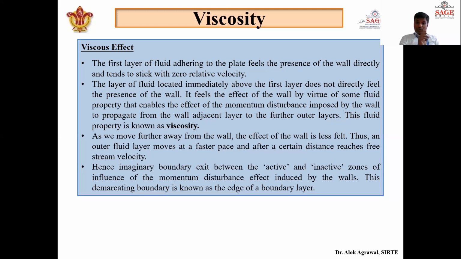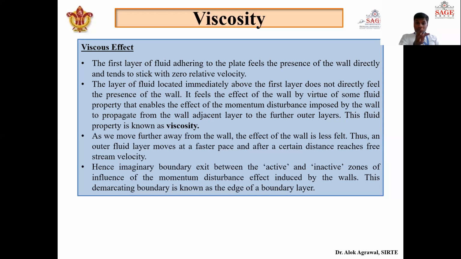So there are two zones: the active zone, which is also called the viscous zone, and the inactive zone, which is also called the non-viscous zone. In this course, we'll be talking about the viscous zone, the active zone, where the viscosity effect is there, where one layer provides resistance to another layer.